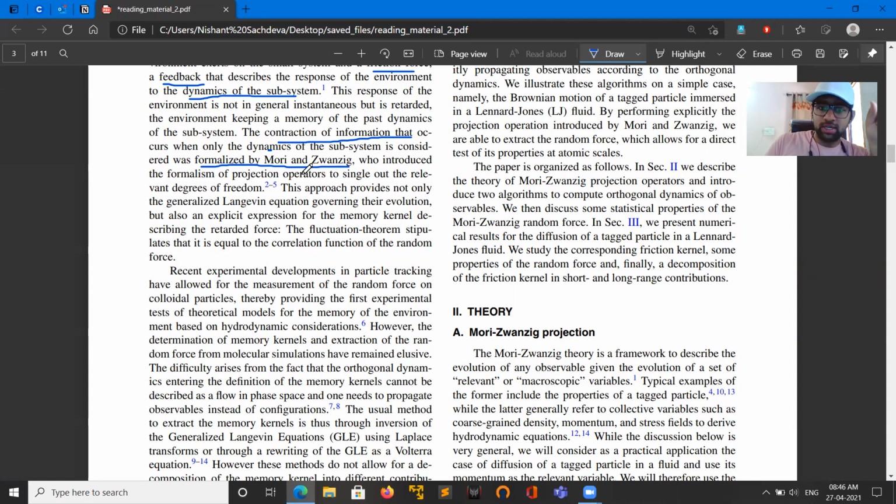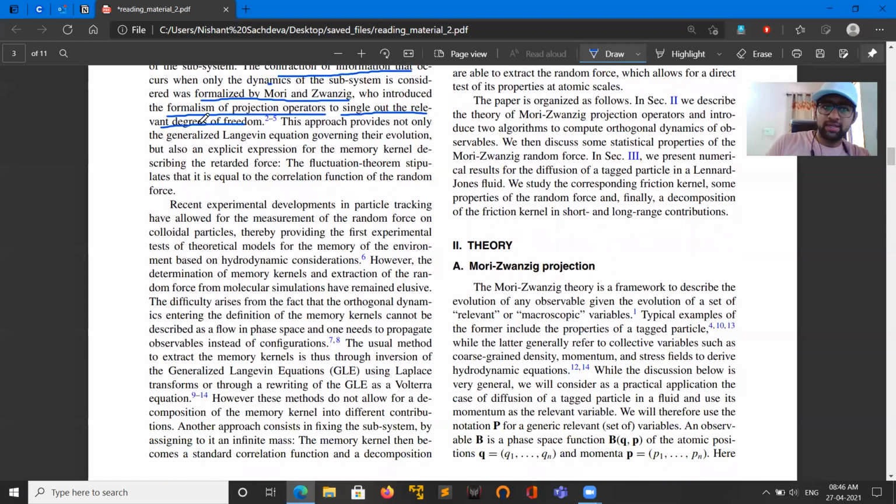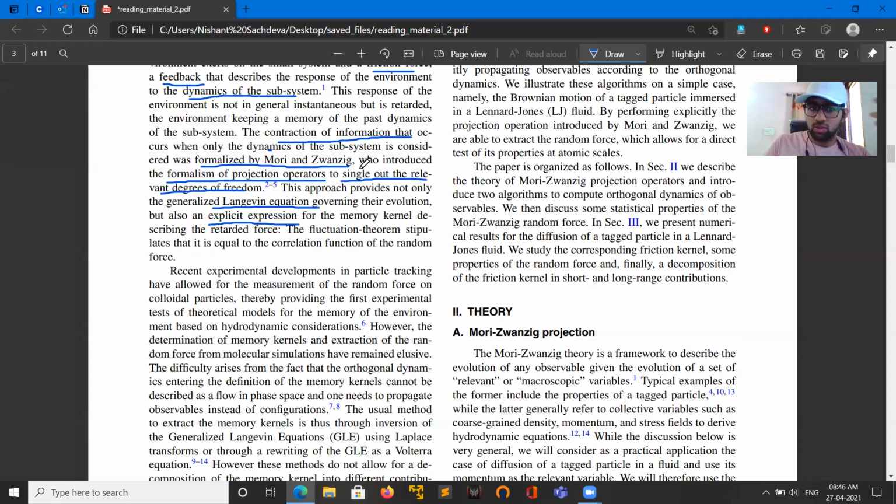These guys introduced the formalism of projection operators to single out the relevant degrees of freedom. So the approach that they're providing does not only generalize the Langevin equation, which governs the evolution, but it's also an explicit expression for the memory kernel that describes the retarded force. Let's go through this part again.